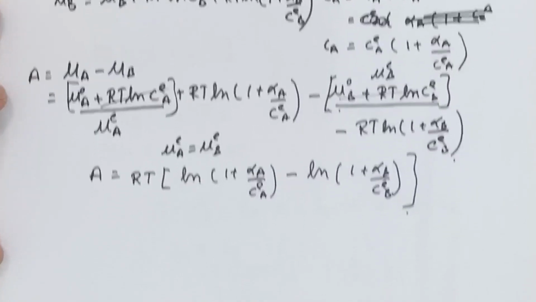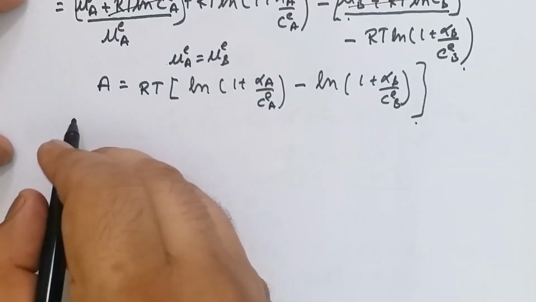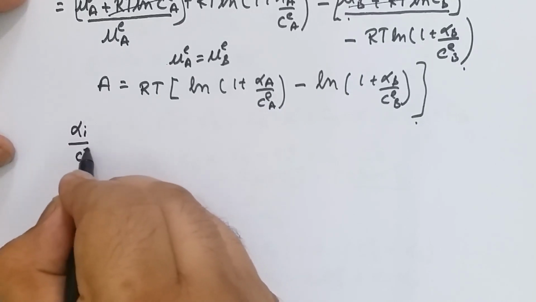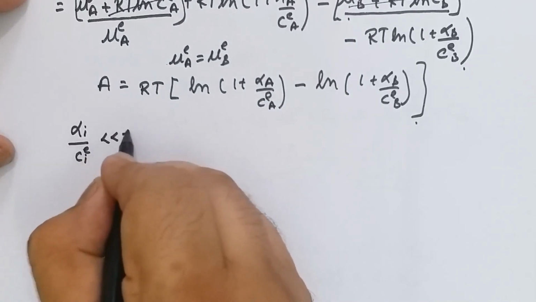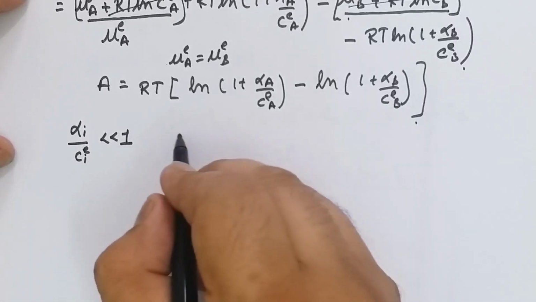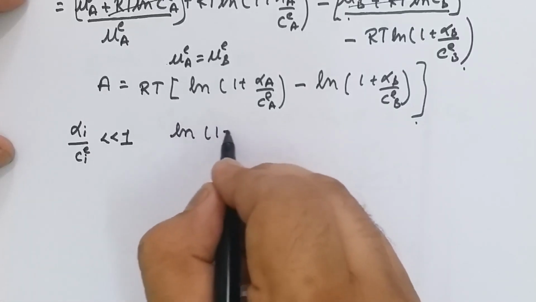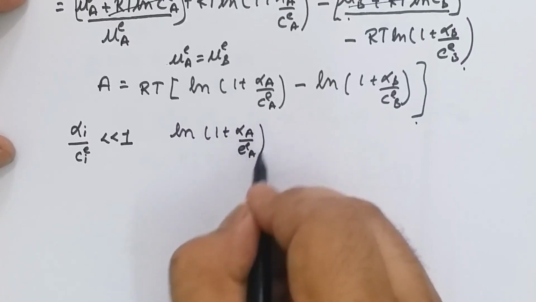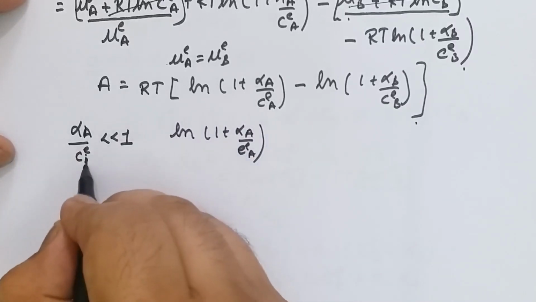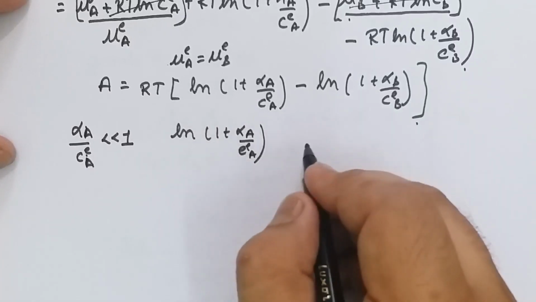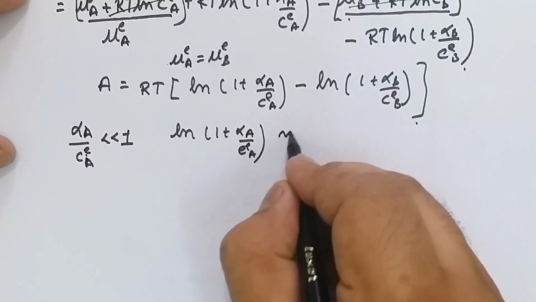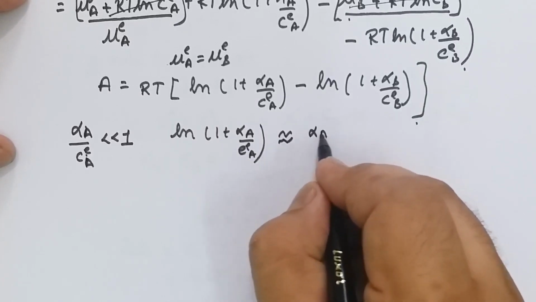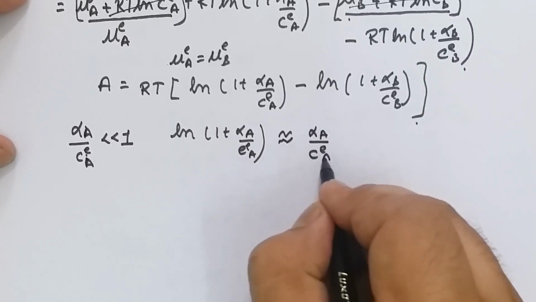Further, as the value of alpha I upon CIE is very much less than 1, the expression ln (1 plus alpha A upon CeA), or we can write alpha A over here, so no need to generalize it, we can write as almost equivalent to alpha A upon CeA.